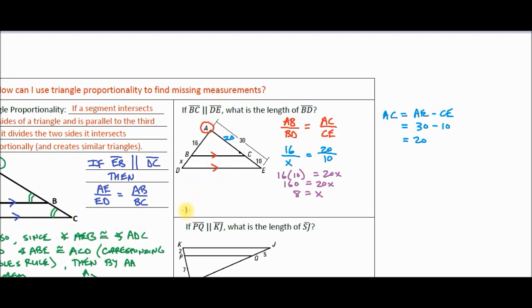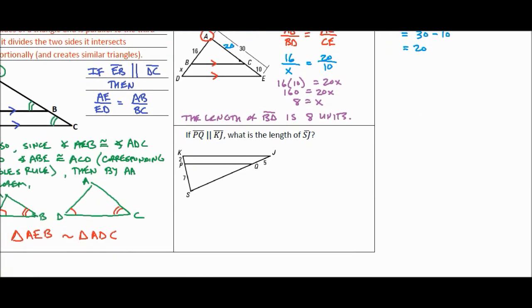What is the length of BD? The length of BD is 8. And now we don't know what our unit of measure is, so we're going to write 8 units. There's our first solving for a missing side.